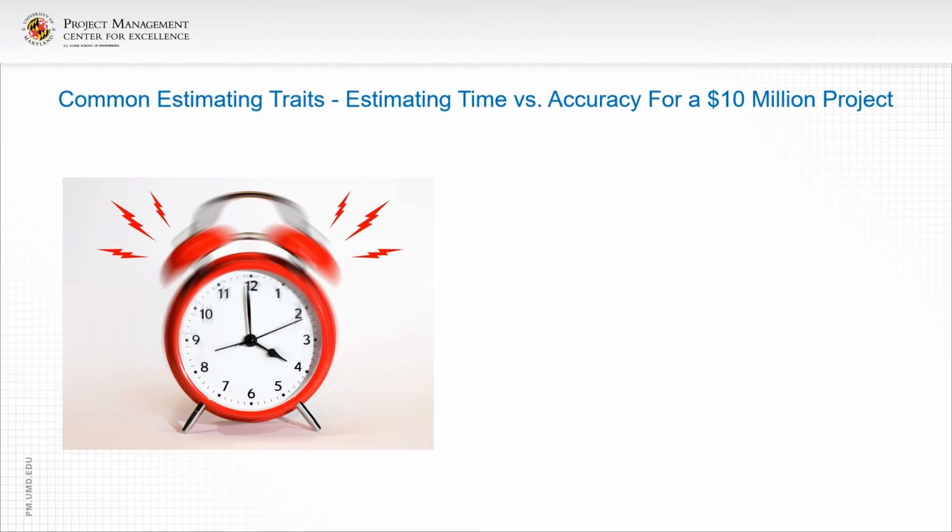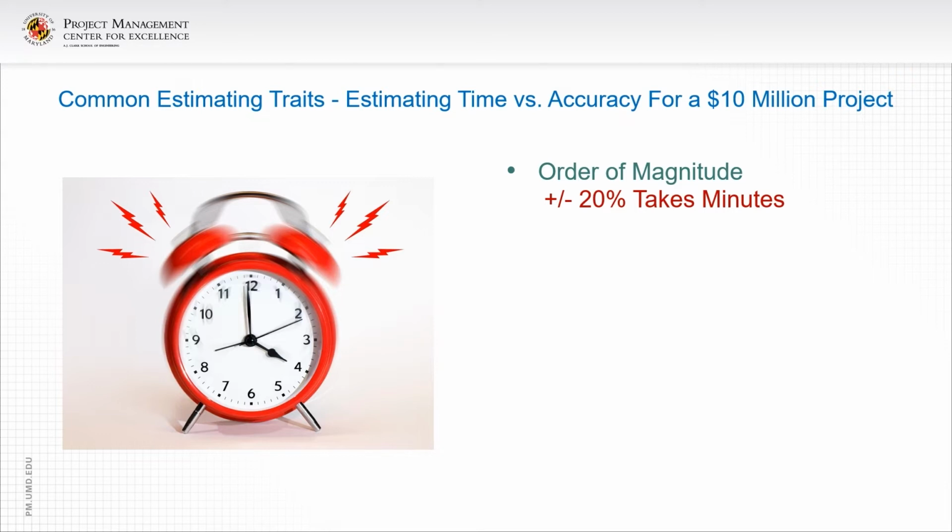Now, let's talk about some estimating time versus accuracy for a $10 million project. We're revisiting some of this information that we had discussed in the past. The first type of estimate is a rough order of magnitude, sometimes called a ROM.